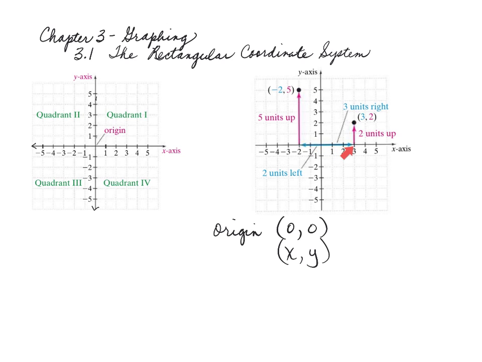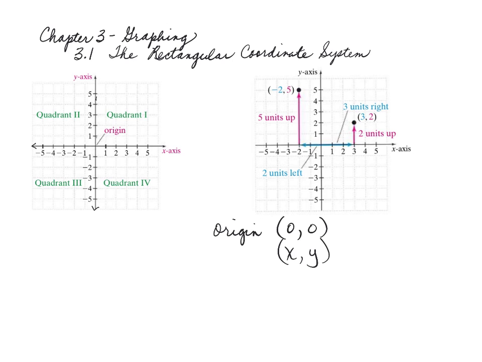That means in the x direction, positive x direction, 3 spaces. Then up 2 spaces, which is positive in the y direction. So that's why the ordered pair that names that point is positive 3, positive 2. And we drop the point right there.